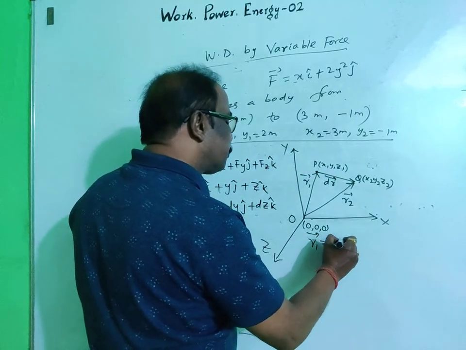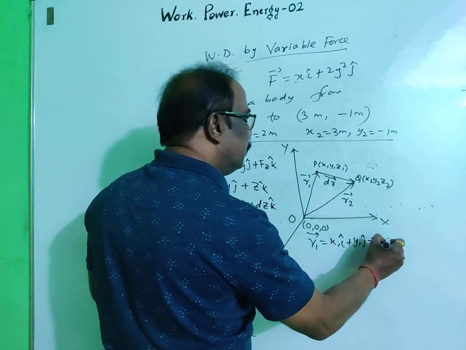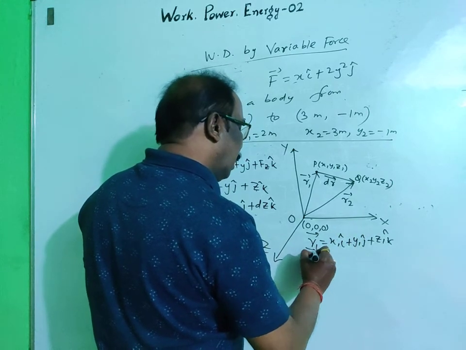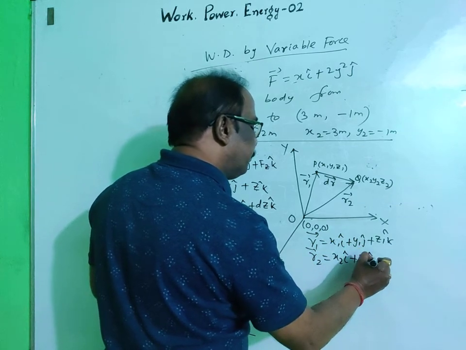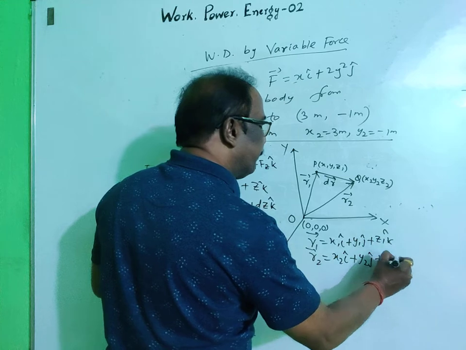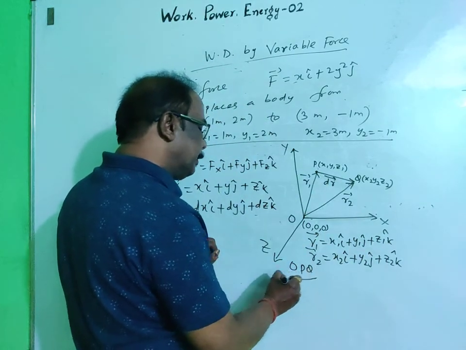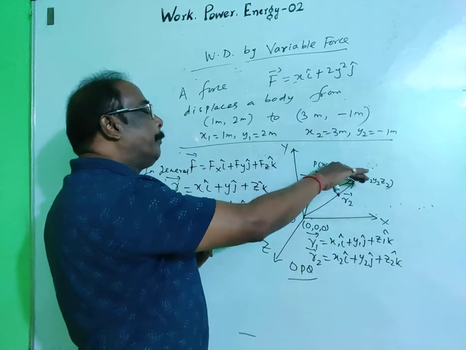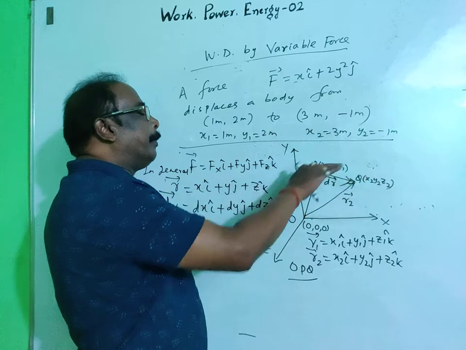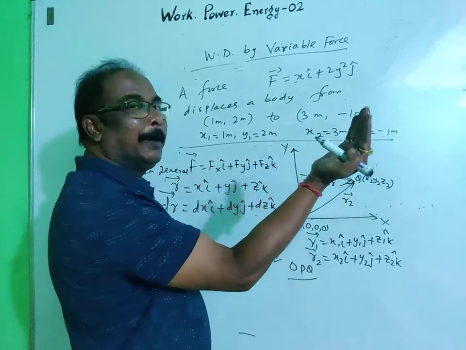Or you may think like this. R1 is equal to x1 I cap plus y1 j cap plus z1 k cap. Similarly, R2 is equal to x2 I cap plus y2 j cap plus z2 k cap. Considering the triangle OPQ, you see OP and PQ are in the same order, clockwise order, and OQ in anti-clockwise order.